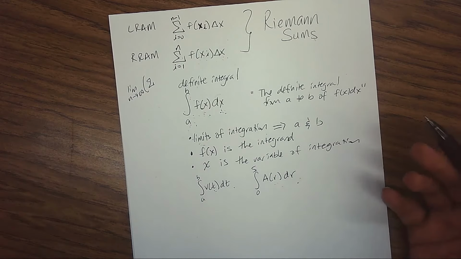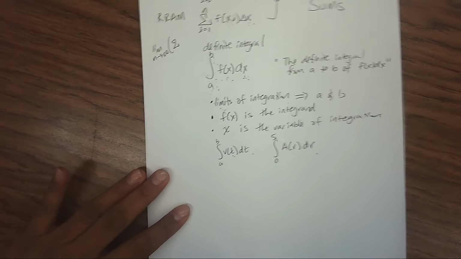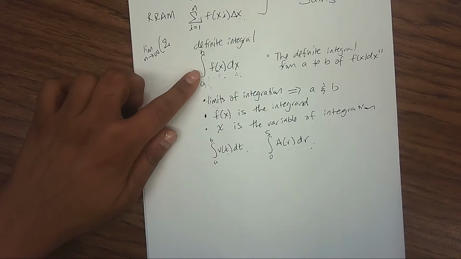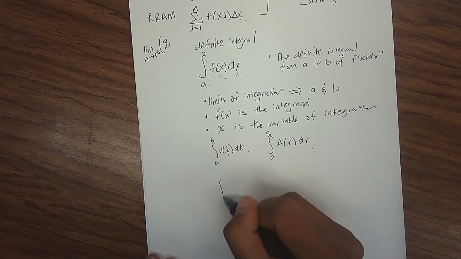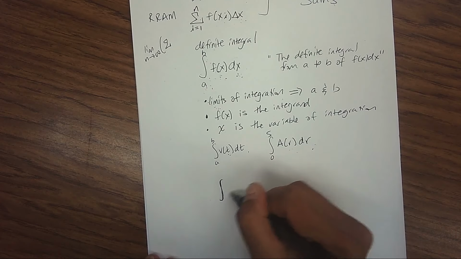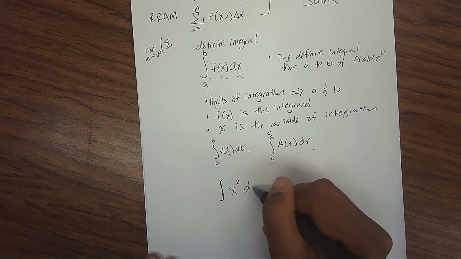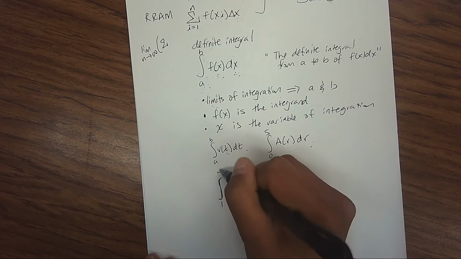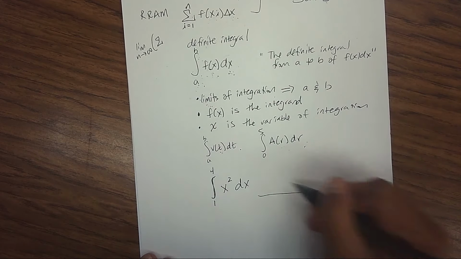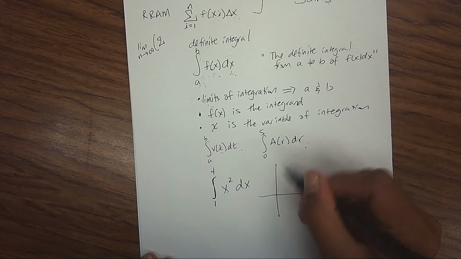Okay, so now we're going to do a little example just to help you understand the parts one more time. If they say the integral of x squared dx, and the limits of integration go from 1 to 4. What this represents, I'm going to draw x squared, my function.